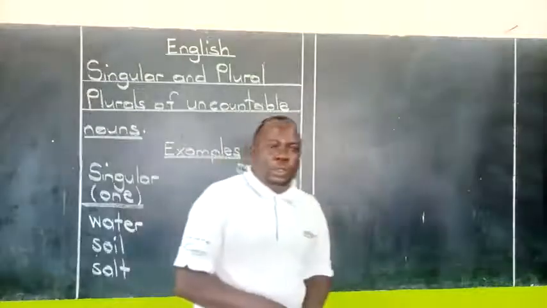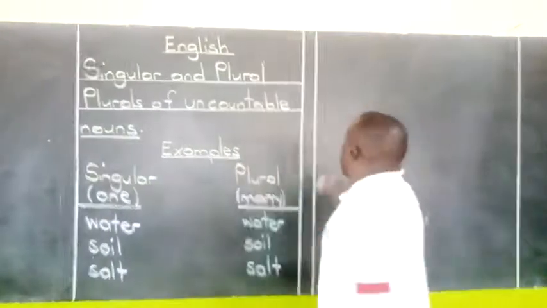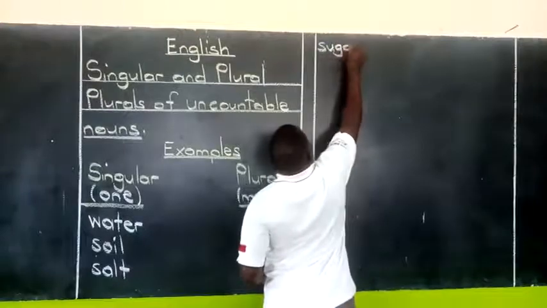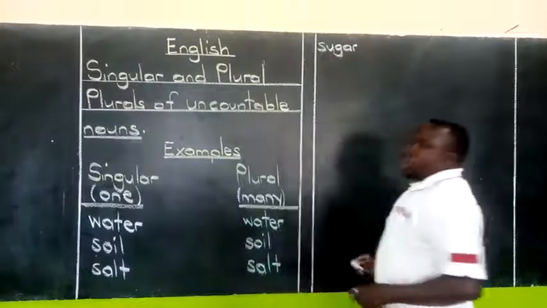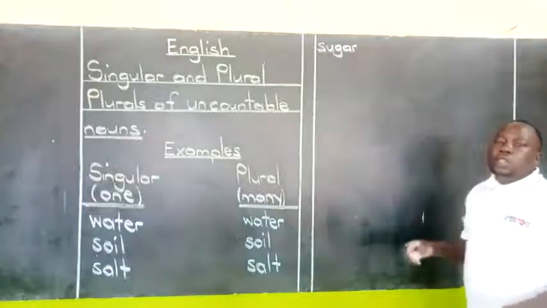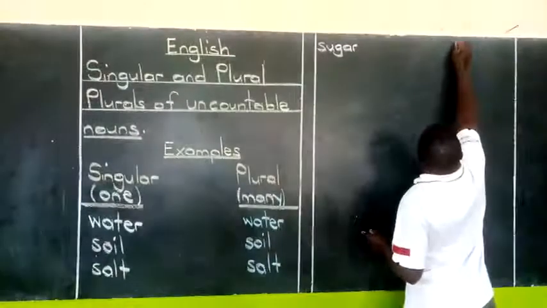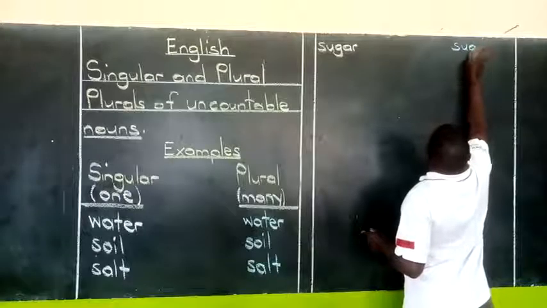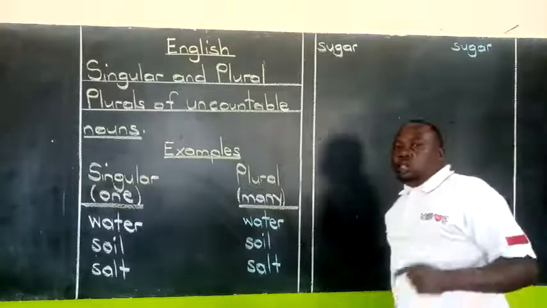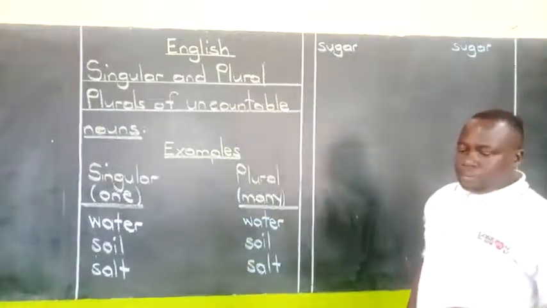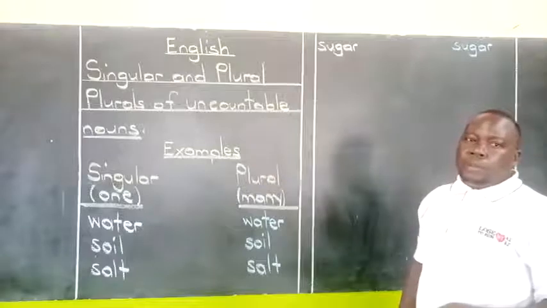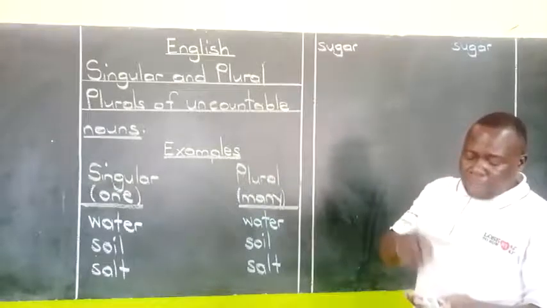We continue. Another one is sugar. If they give you sugar to count it, you cannot count it, but you can measure sugar. So sugar remains sugar. These uncountable nouns don't have a plural form, but they can be measured.